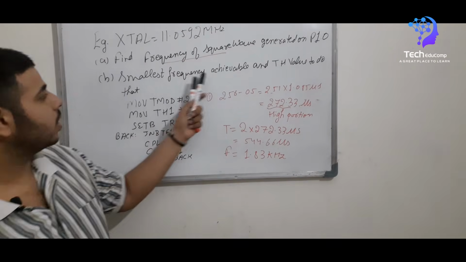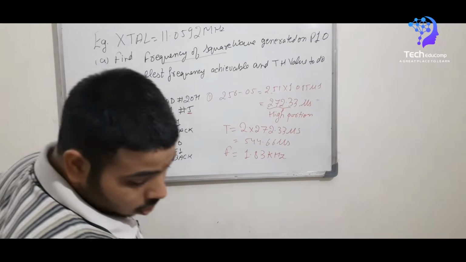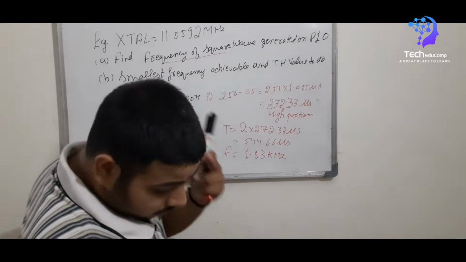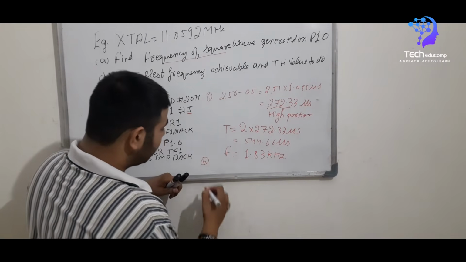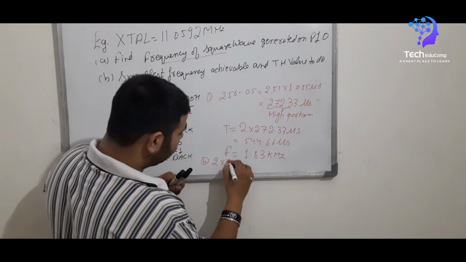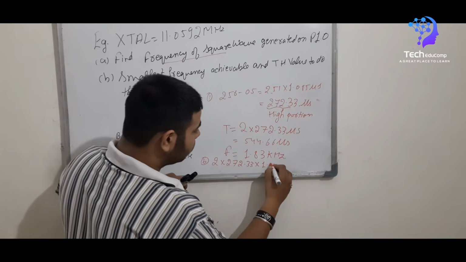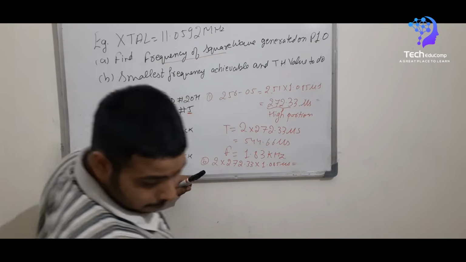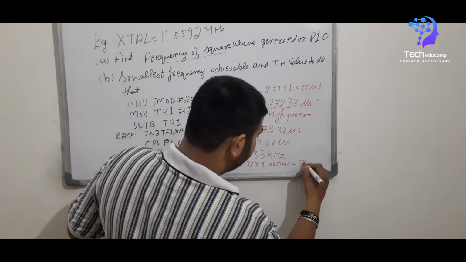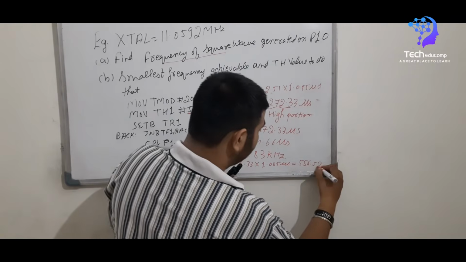Second is the smallest frequency achievable. We have to find the smallest frequency. Since the TH is 00 in this part, we have 2 into 272.33 into 1.085 microseconds. This will be 555.52 microseconds.